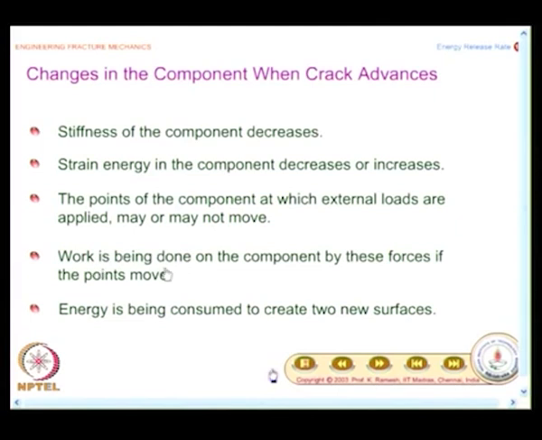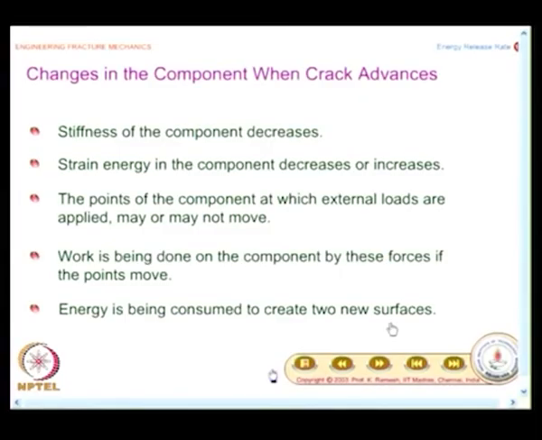Work is done only when the forces move, that is what happens in the case of a constant load. And in all these discussions, we have to keep in mind energy is being consumed to create two new surfaces. This was the key observation of Griffith.